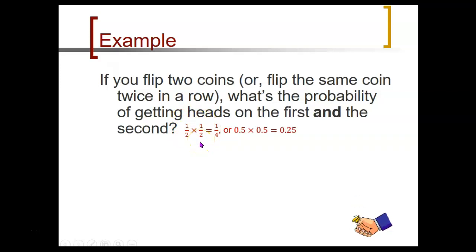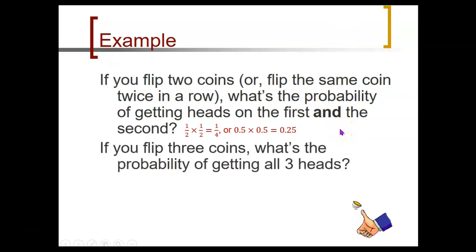So that would be 1/2 times 1/2, assuming it's a fair coin. And 1/2 times 1/2 equals 1/4. If you were working in decimals, that would be 0.5 times 0.5, which would be 0.25. So you have a 1/4 or 0.25 or 25% chance of both coins coming up heads.